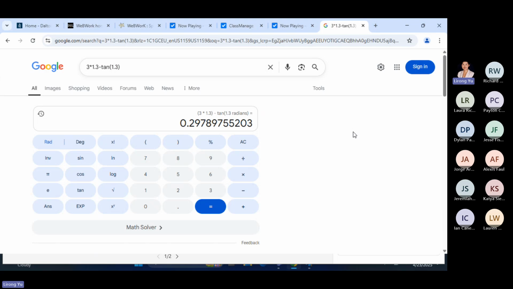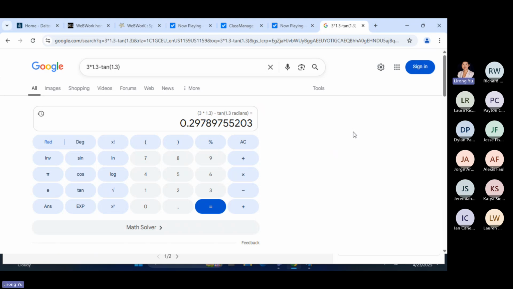If it's in degree mode, it won't be right. Most common calculators, like the one in Google, let you identify degree or radian, and most of the time the computer automatically assumes radian measure. You should get the same number. If you're getting a different number, your calculator is probably set to degree measure. We want radian mode. Are you getting the same thing?